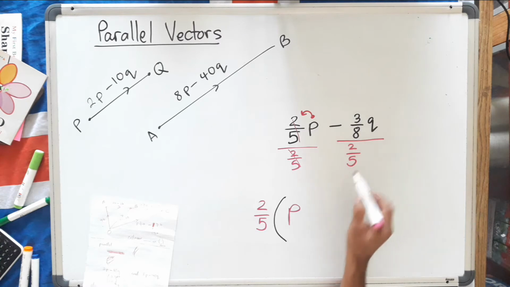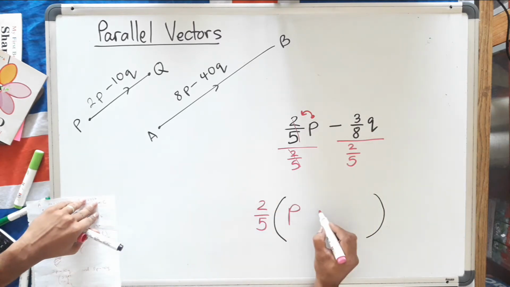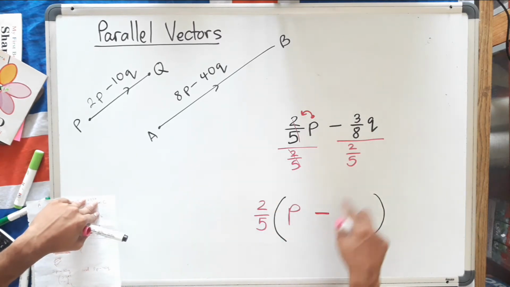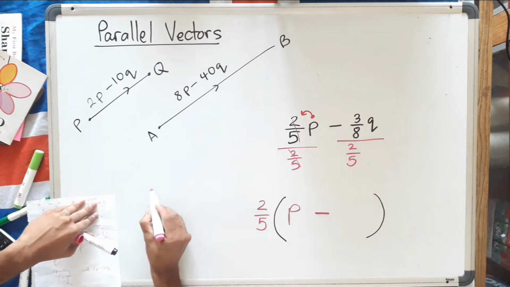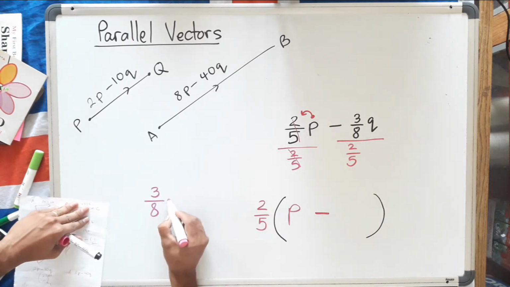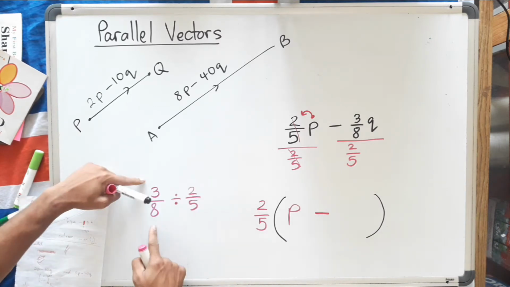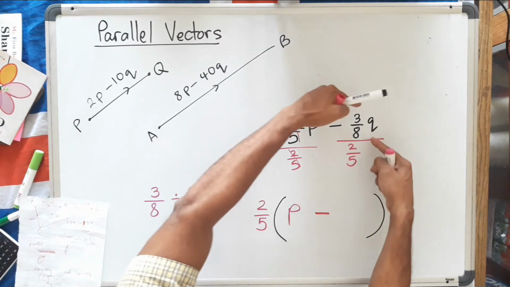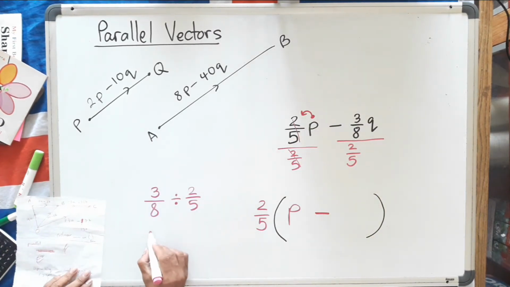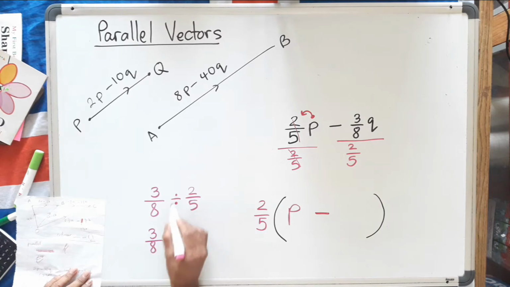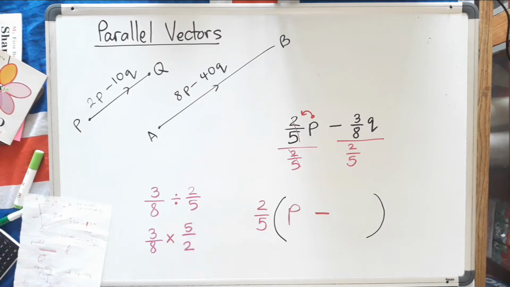Let's see what happens here. I'm going to take this to the side here. I'm just going to put the minus sign, that's this minus sign. And I'm going to take 3/8 and divide it by 2/5, and I'm going to write it like how we write it in primary school. 3/8 divided by 2/5. In primary school, the divide will change to a multiply, and this will change to 5 on 2.